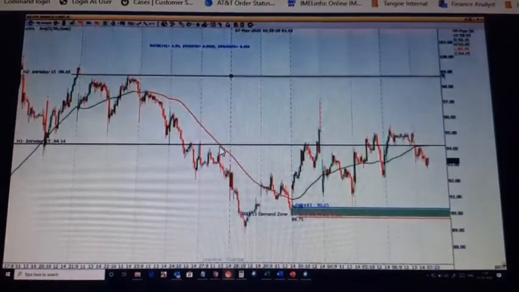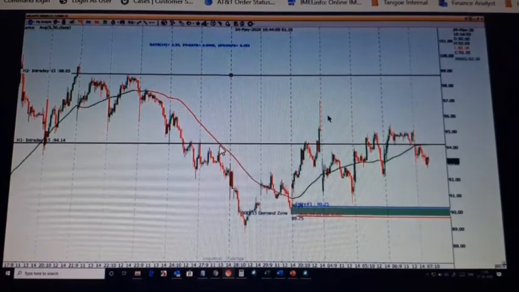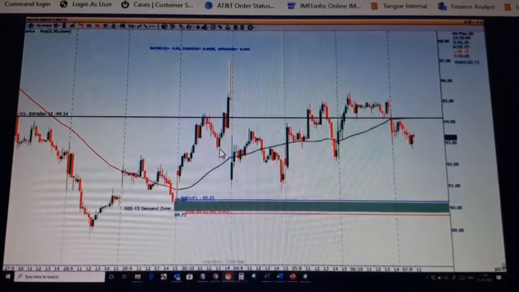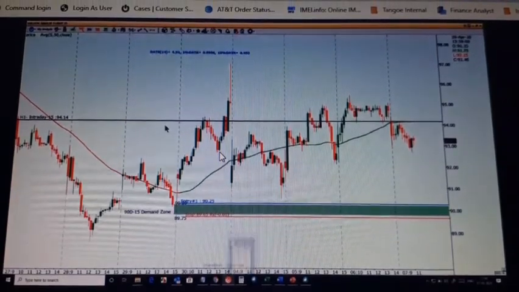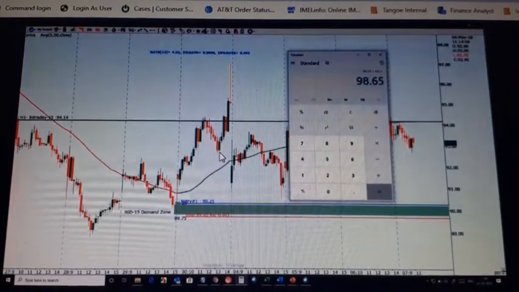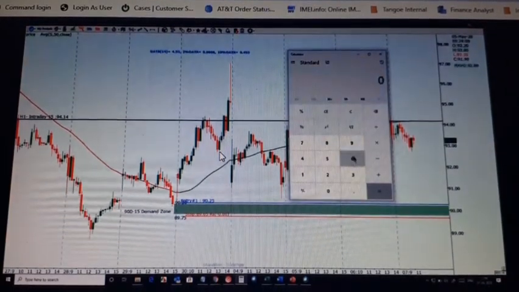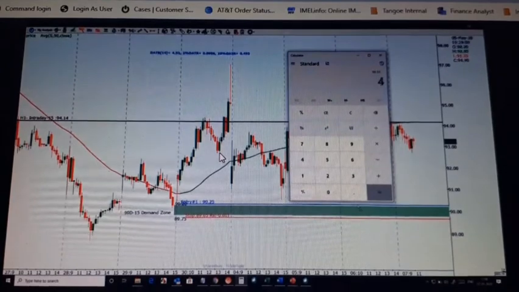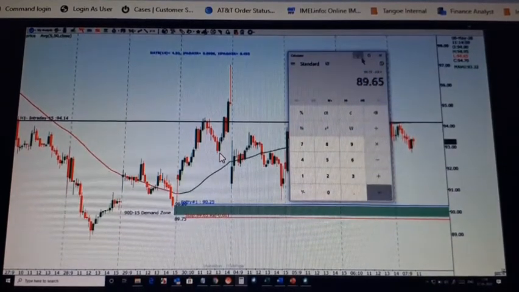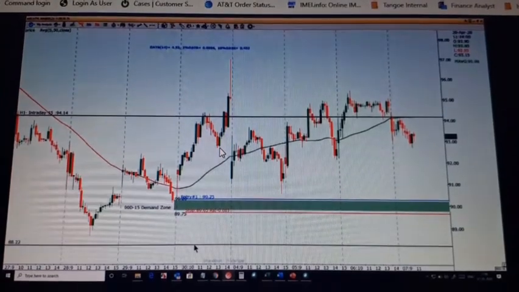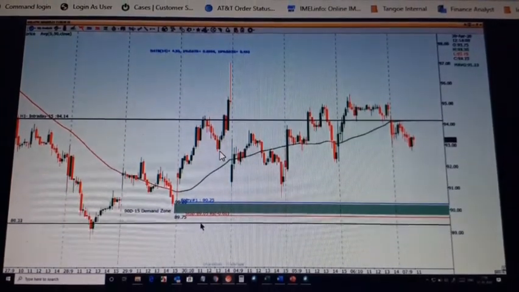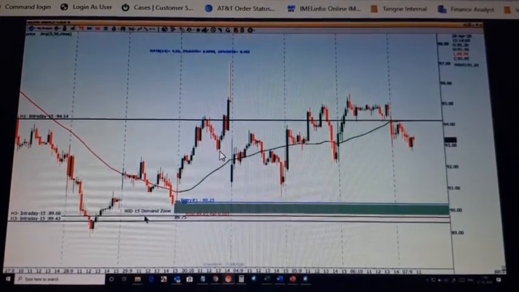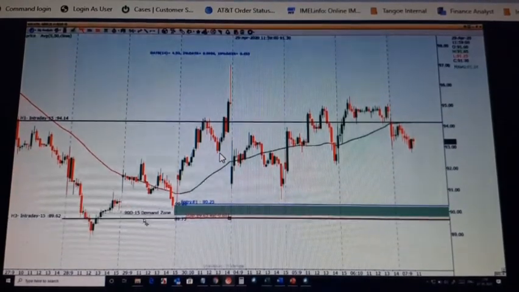So either it will move up till here, or I'll just subtract this value. 94.15 minus 4.5 is 89.65. That's the stop loss value here, somewhere over here, 89.65.